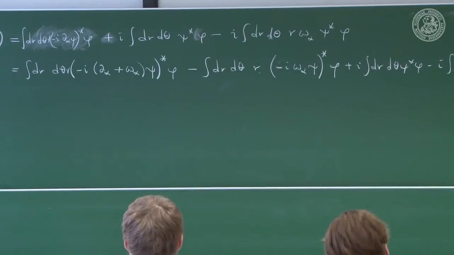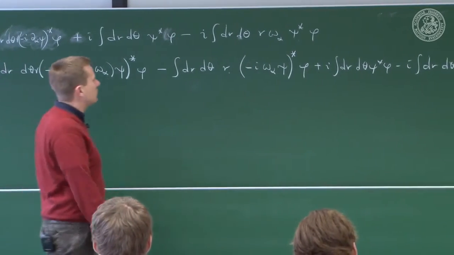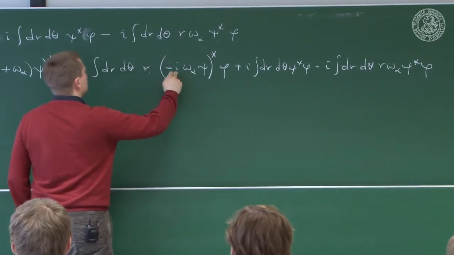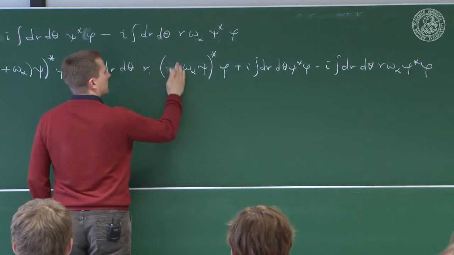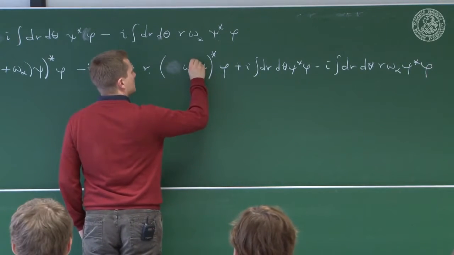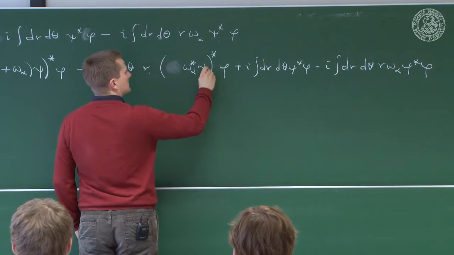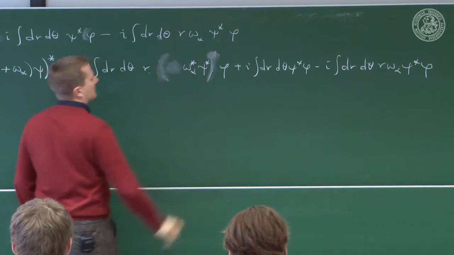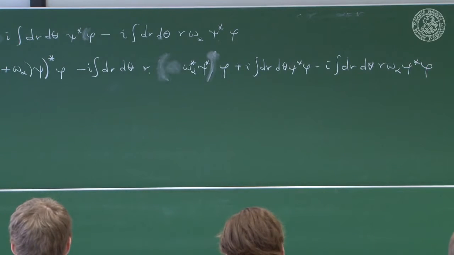Aha. So now the whole thing presents itself somewhat differently. I have a minus I that's being starred, that's a plus I, which I take to the front here. Now I write this as an omega star psi star, because that is what it is. Okay? So I have this guy here.